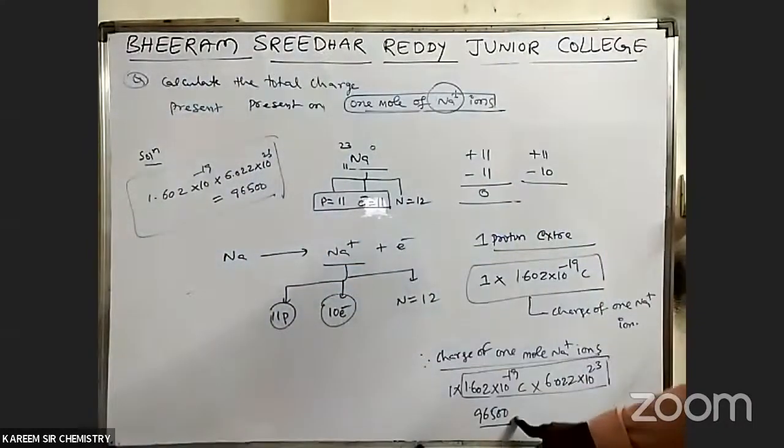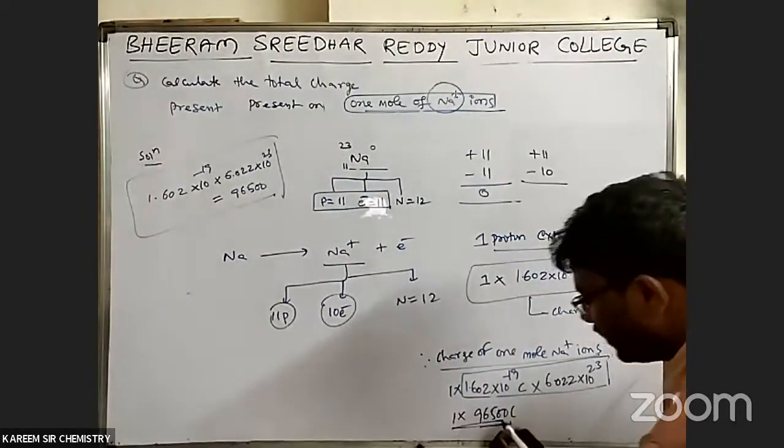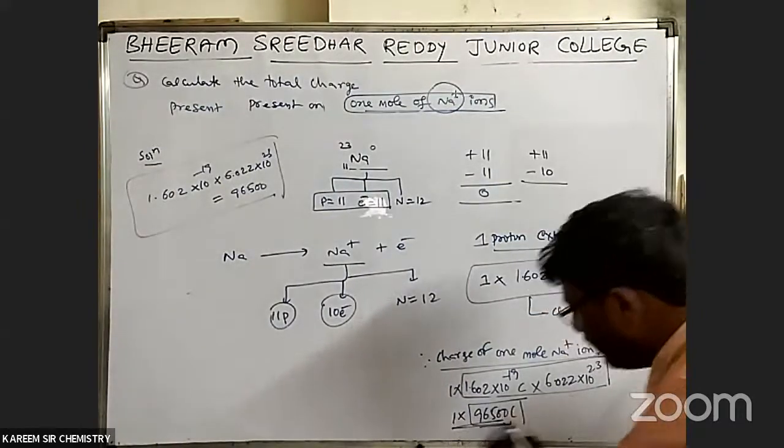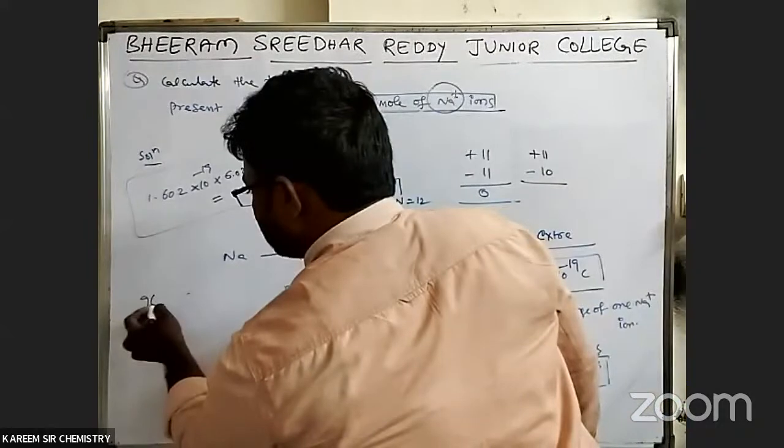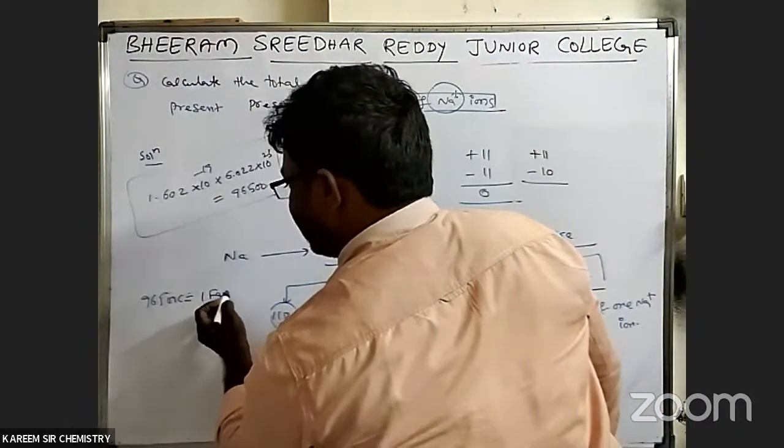So this value should be remembered. The unit here is coulombs, into 1. This 96,500 coulombs is simply taken as 1 Faraday.